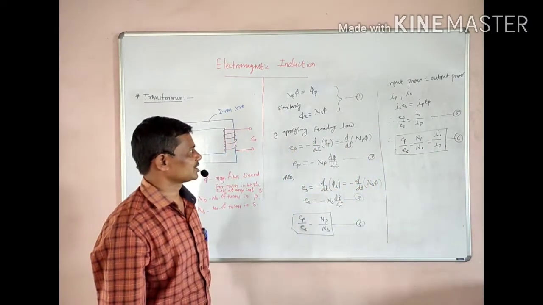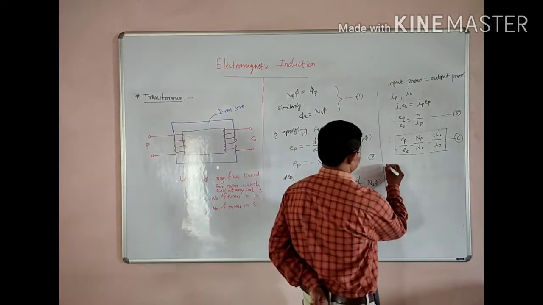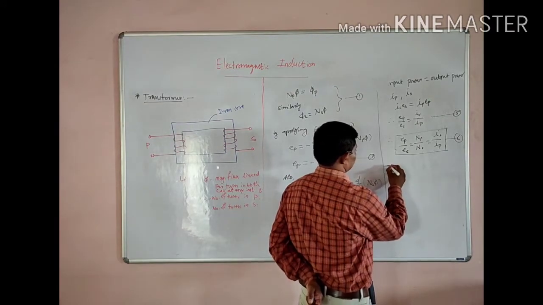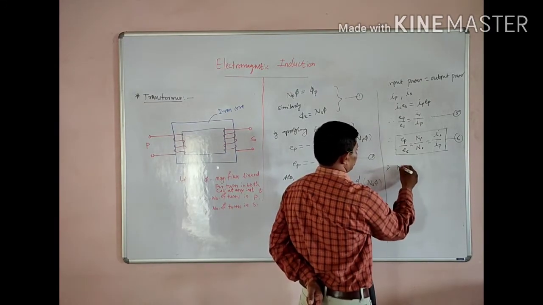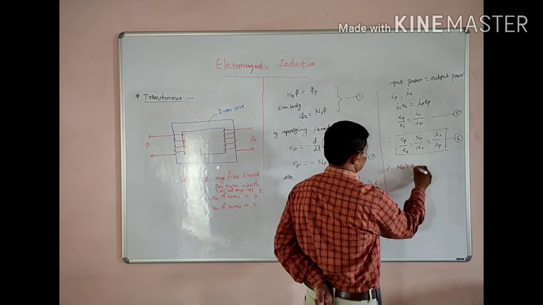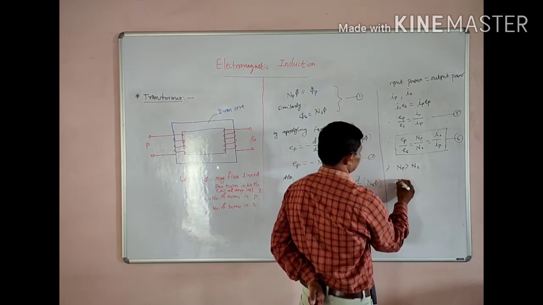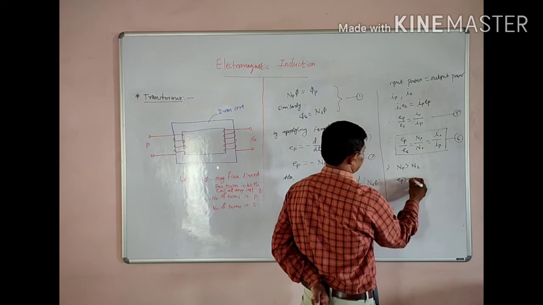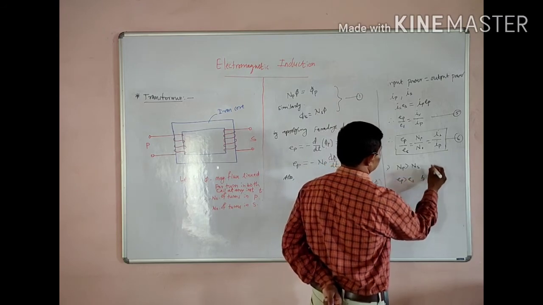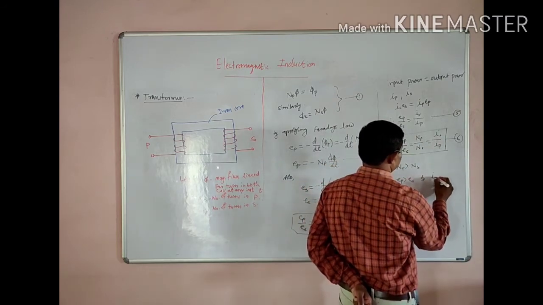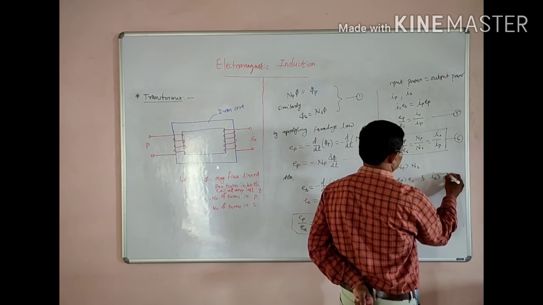From this, we can say that if Np is greater than Ns, that means Ep is greater than Es and Is is greater than Ip.